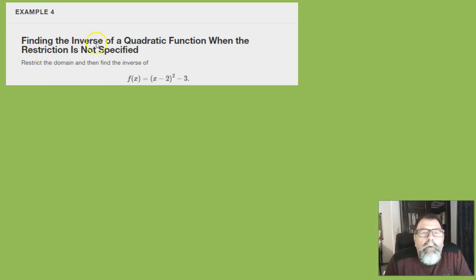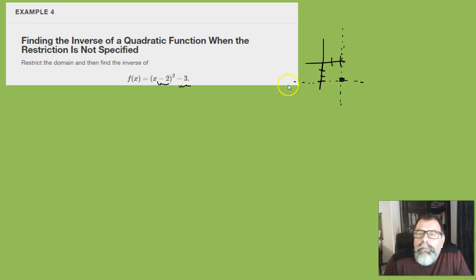All right, example 4, finding the inverse of a quadratic function when the restriction is not specified. So restrict the domain and then find the inverse. So again, here we got a quadratic, so we know it's going to be a parabola. Remember, if this is minus 2, that's shifted right 2, and this minus 3 out here is shifted down 3. So the way I think of it is my pretend origin gets shifted to 2, negative 3.